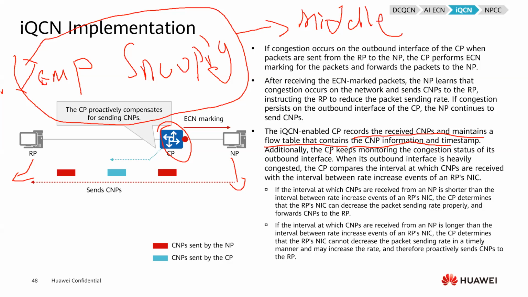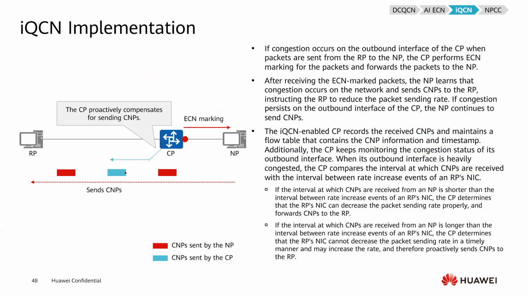Additionally, the CP keeps monitoring the congestion status of its outbound interface. When its outbound interface is heavily congested, the CP compares the interval at which CNPs are received with the interval between rate increase events of an RP. So it will proactively send the CNP to RP.